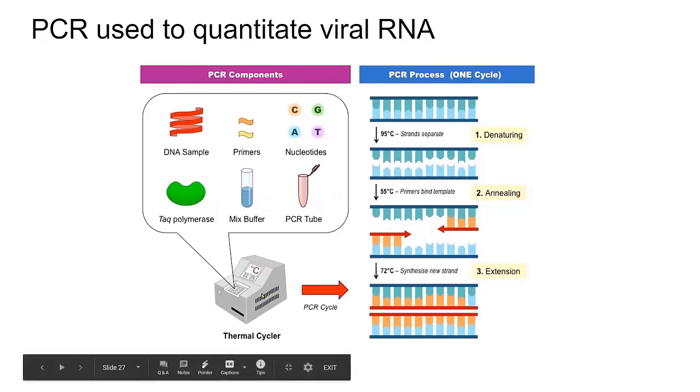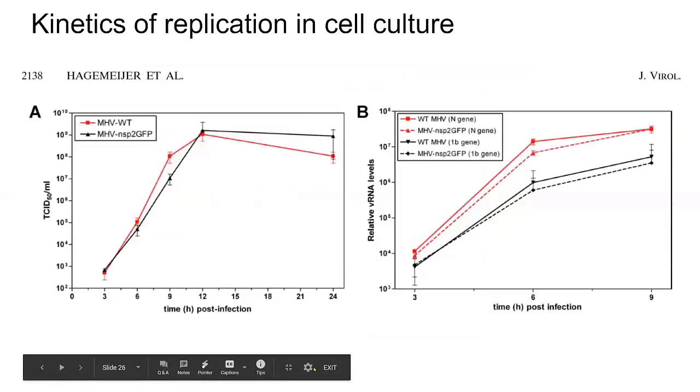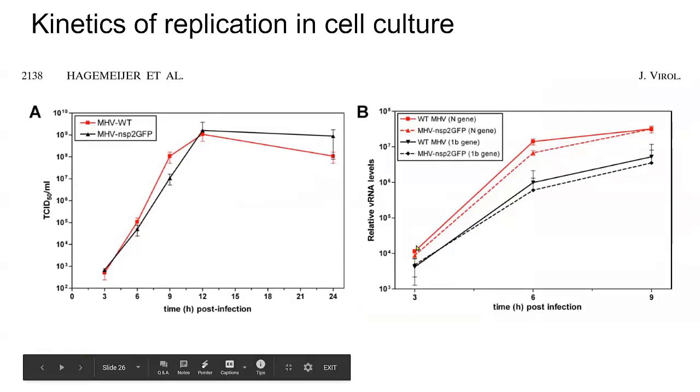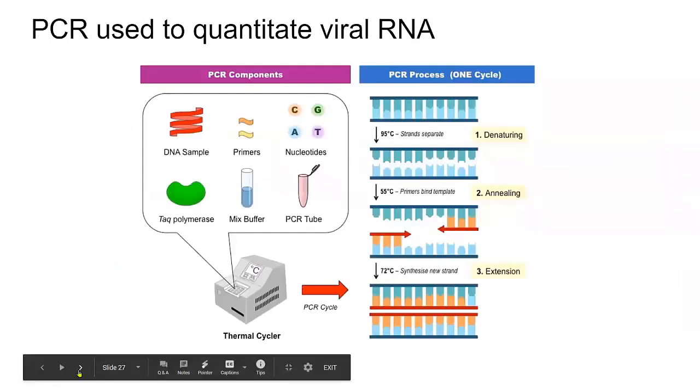And it usually takes a couple hours to do. And so that's how they got this data, is they put the samples into polymerase chain reaction PCR and said, okay, well, there's 1,000 times more RNA at t equals 6 hours than there was at t equals 3 hours. Boom.